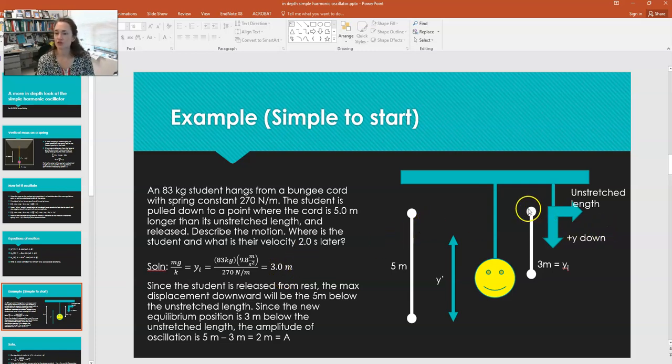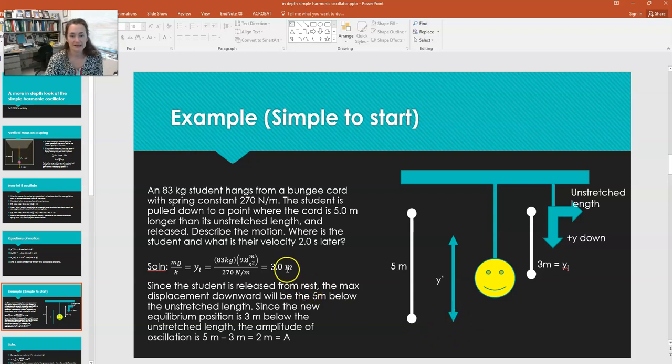So I've drawn that here in this white bar right here on the right next to my coordinate system. I've shown my yi is 3 meters below the unstretched length, okay? So that's where the equilibrium position is, so that's where I put my creepy looking smiley face head, all right? And then the student is going to bob about that equilibrium position, 3 meters. And I've indicated that with this double-sided arrow to indicate up and down motion in my wiggle, okay?